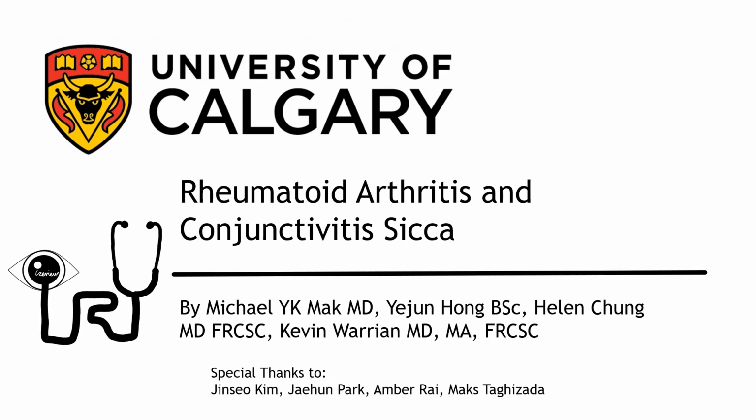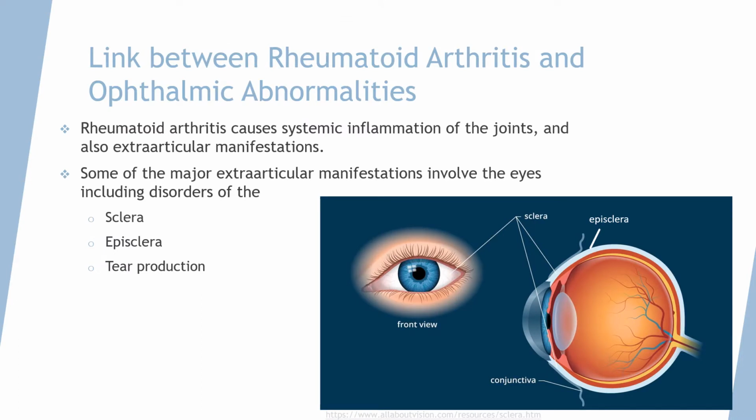Our team will present to you today keratoconjunctivitis sicca and other ophthalmic changes in rheumatoid arthritis as a link between ophthalmology and rheumatology. Rheumatoid arthritis is characterized by a systemic inflammation of the joints, and it can also have extraarticular manifestations, meaning symptoms outside the joints can occur characteristically with RA.